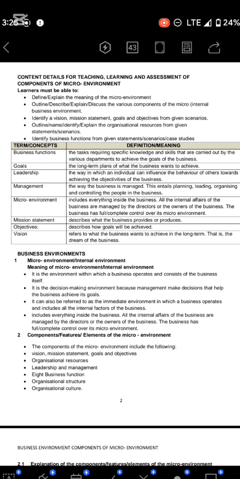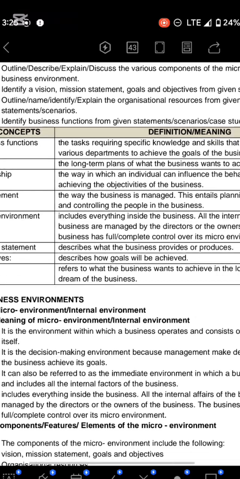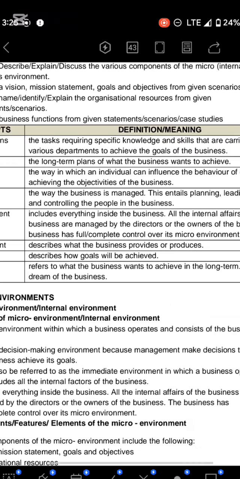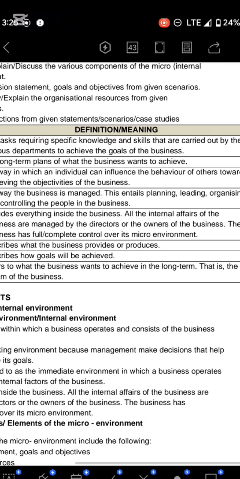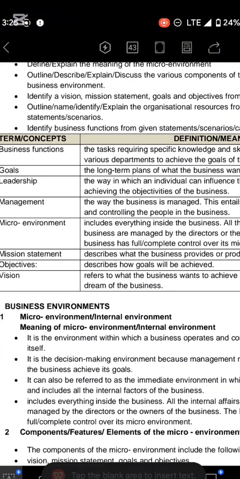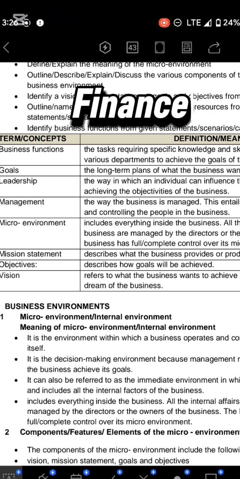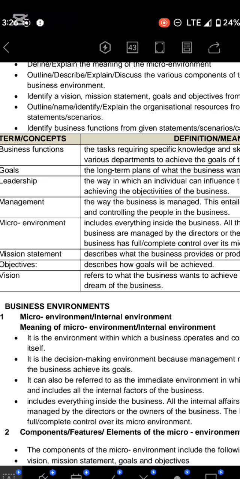So the first thing we're going to be learning about, grade 10s, is the business functions, right? So these are tasks requiring specific knowledge and skills that are carried out by the various departments to achieve the goals of the business. You'll learn about it a bit further as we go down this journey, but for now, think of what we call public relations, human resources, finance, administration, and you kind of did it in EMS grade 9, but basically it's the different parts.